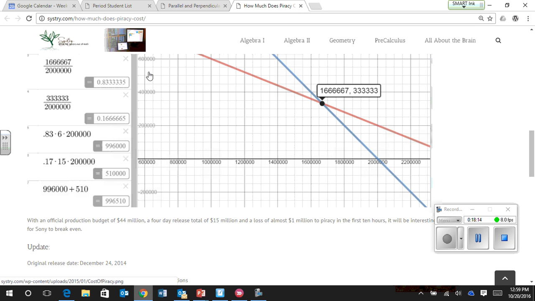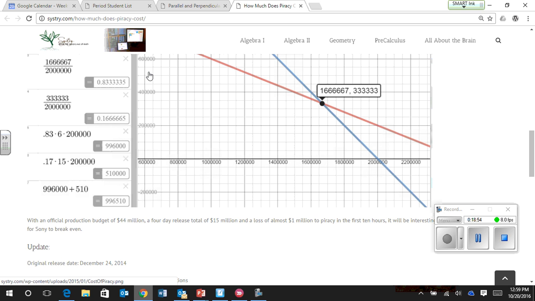So what I did was I said, guess what? Of our 2 million sales, 1.6 million were rentals. Okay, so that's 83%. And then a third of a million, or 17%, were our sales. So if I take my sales amount times the 17% of that times $15 per sale times the 200,000 people that had downloaded it instead of buying it, that's $510,000 that they lost from sales.